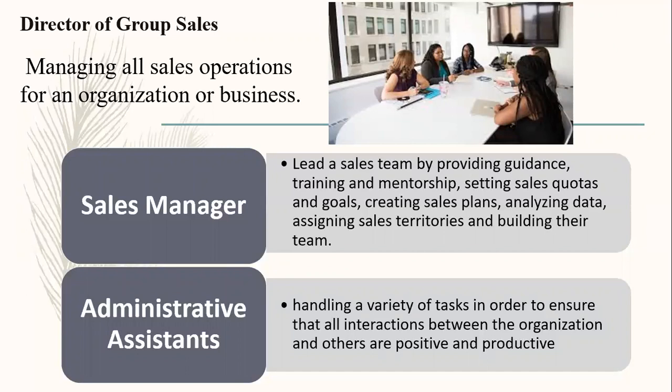And next is administrative assistant. An administrative assistant provides support to managers, other employees, and office visitors by handling a variety of tasks in order to ensure that all interaction between the organization and others is positive and productive.